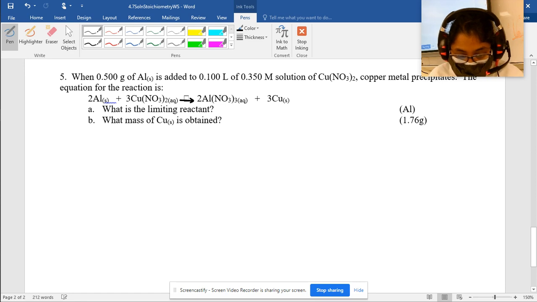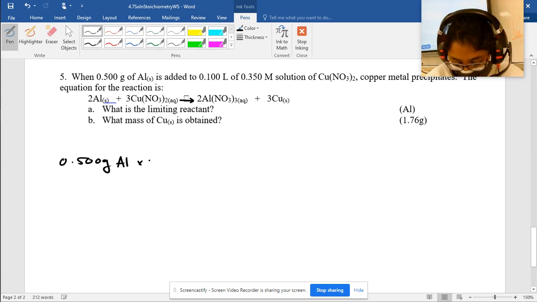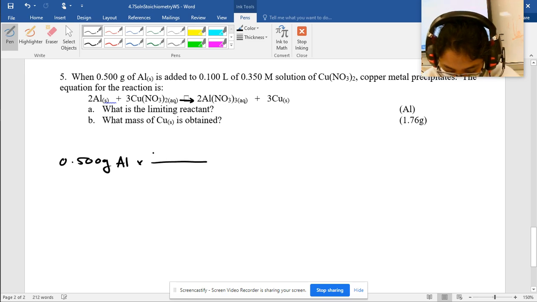Which means we have to find moles of copper that precipitates based on the reactants and figure out which one is the limiting reactant, and that'll tell us the mass of copper. So I'm going to start with the 0.5 grams of aluminum and convert that into moles of aluminum.